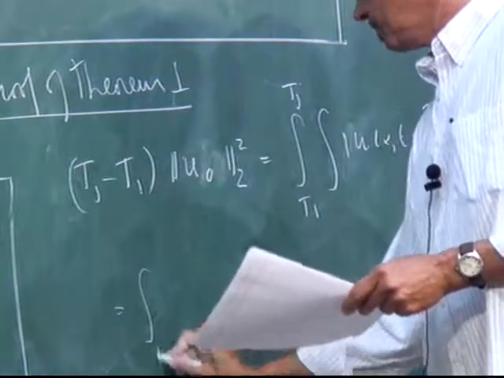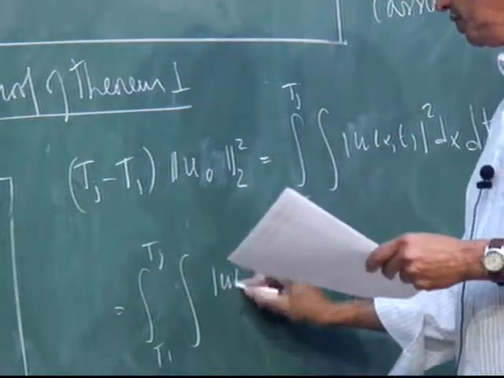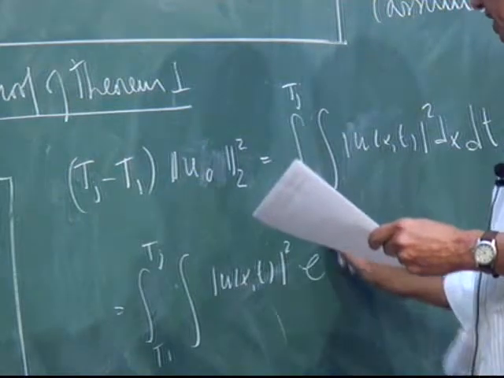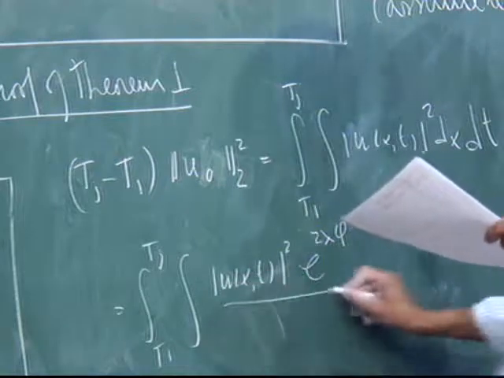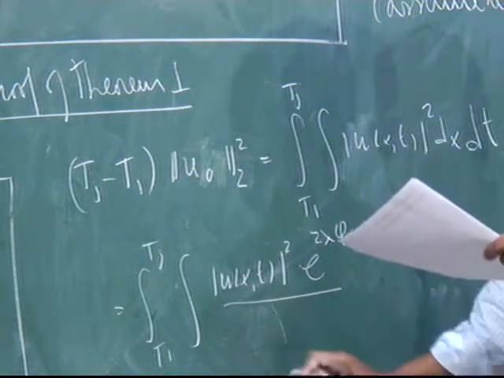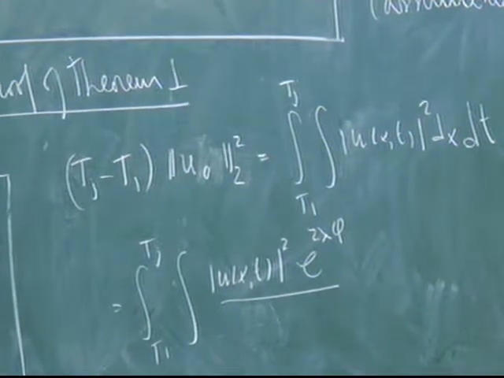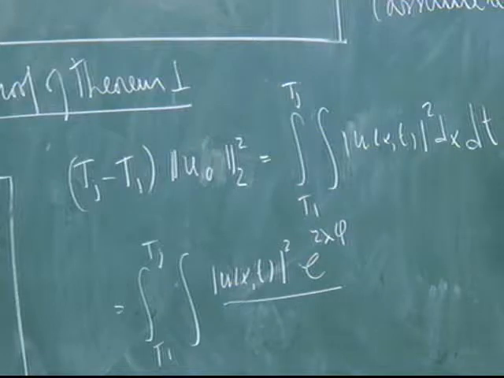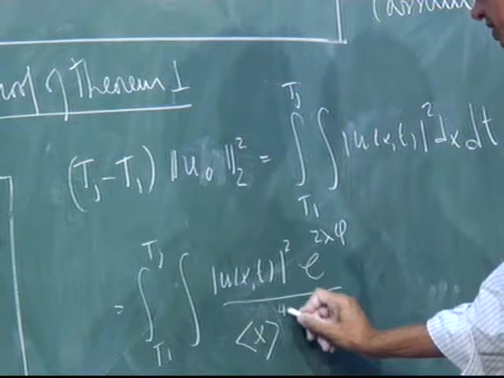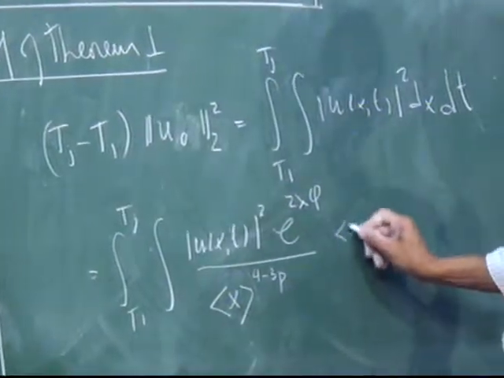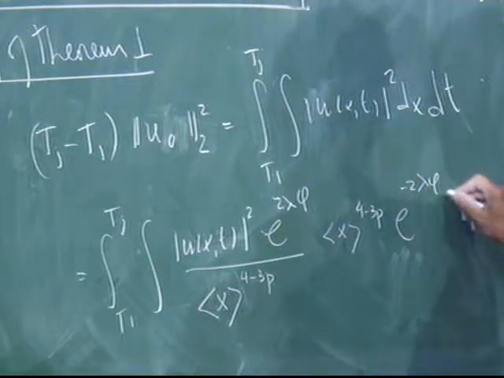This is equal to the integral from T1 to Tj of u(x,t) squared, e to the lambda phi squared, where the bracket of x means (1 + x squared) to the 1/2. Then you put this to the power 4 minus 3p, and you have e to the minus lambda phi dx dt.